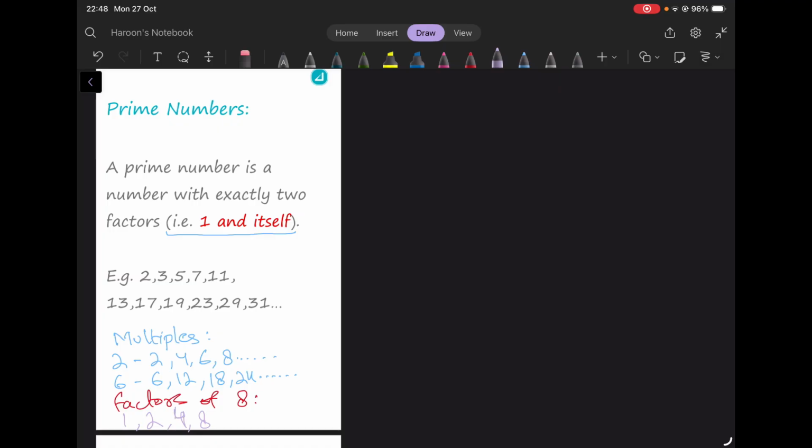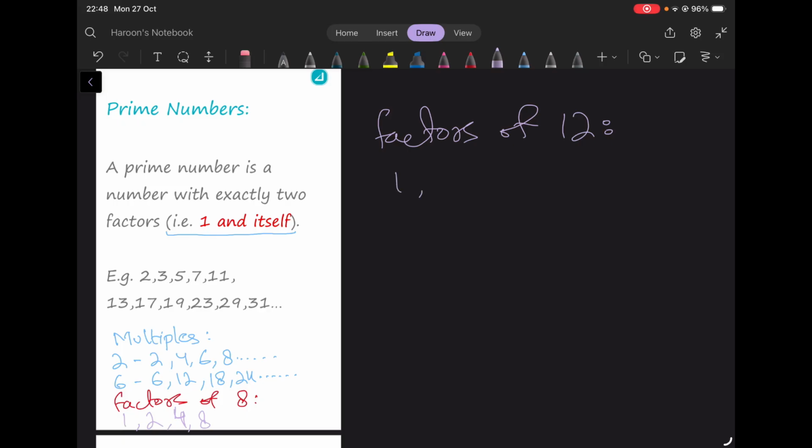So for example, if we are looking for factors of 12. Now, is 12 in the table of 1? Yes, it is. 1 and the number itself would always be a factor.